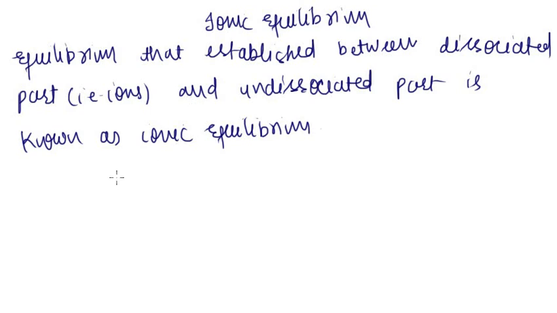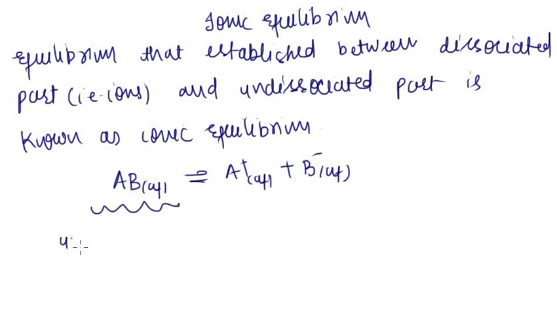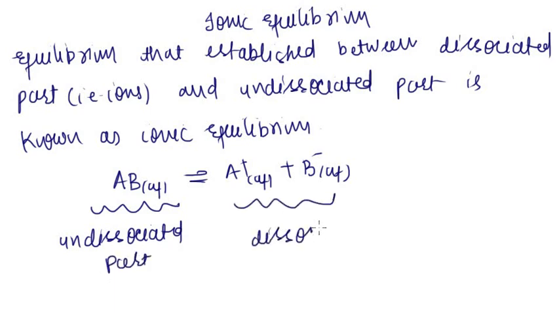So let's take an example. We have a salt AB, aqueous, that is being dissociated into A plus aqueous and B negative aqueous, B anion aqueous. So AB is known as the undissociated part, and the ions are known as the dissociated part.